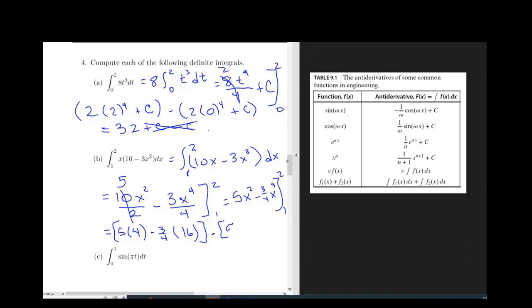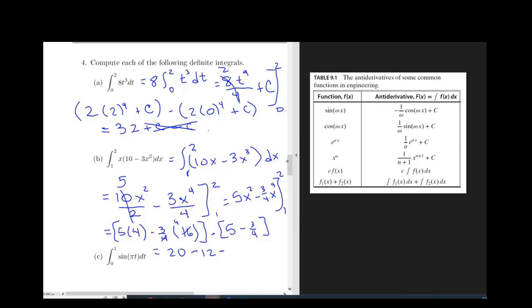So that's 5 times 1 squared, so it's 5, minus 3/4 times 1 to the 4th, which is 3/4. So this becomes 20, minus, this cancels with this and makes it 4. So I have 20 minus 12.